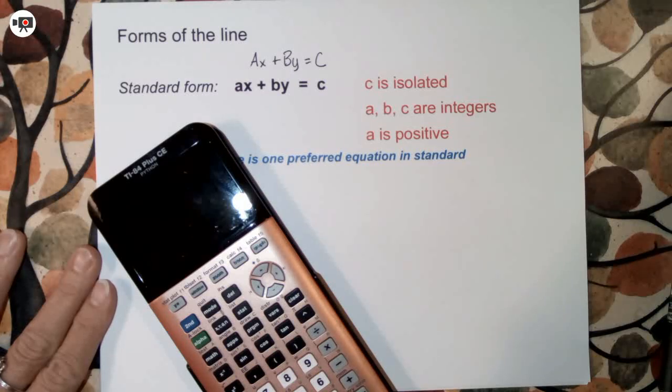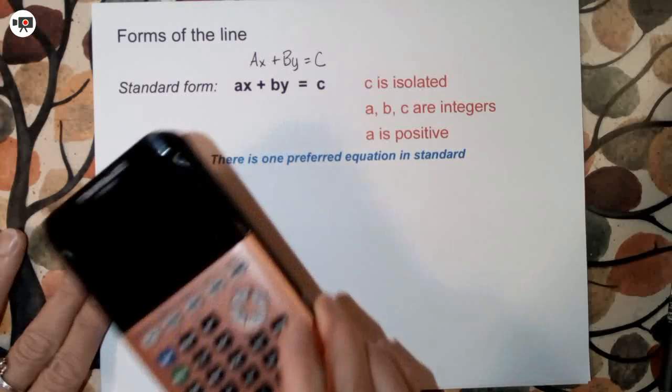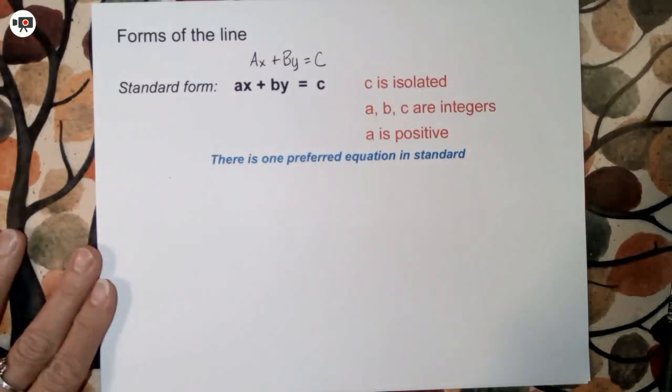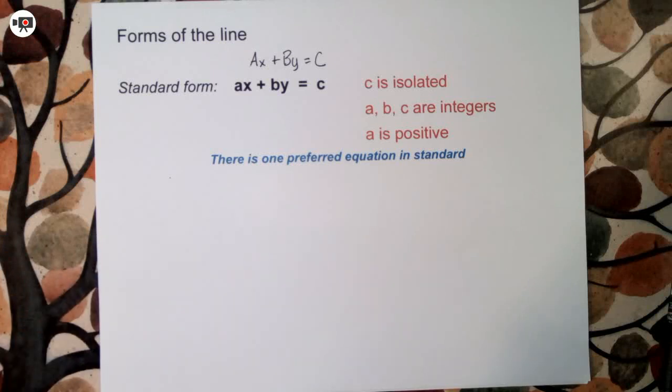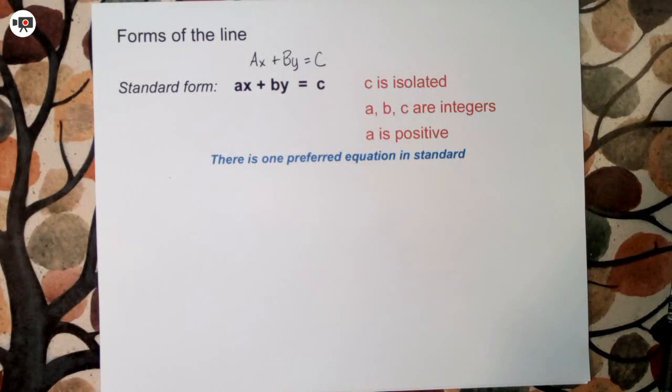Why? Because the people who are doing the test and qualifying you for the next level want to know if you know what you're doing. So, standard form has always been good, but now we're understanding that it's not going away like we thought it might have because of technology.